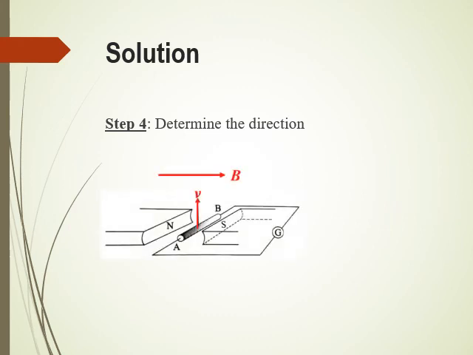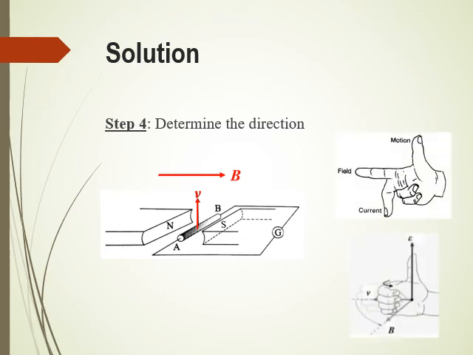Let us go back to the original diagram. We have velocity moving upwards and the magnetic field moving to the right. By applying Fleming's right-hand rule or just the right-hand rule, it is up to you which one you want to use. Use the one that you feel is more comfortable and easier for you. You should obtain the direction from A to B.